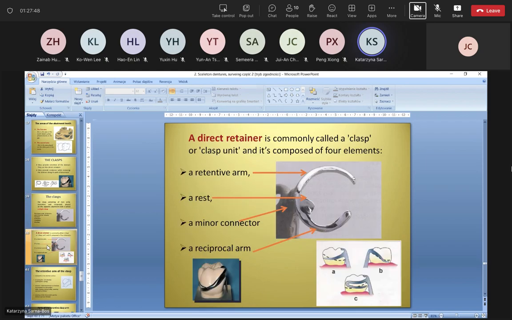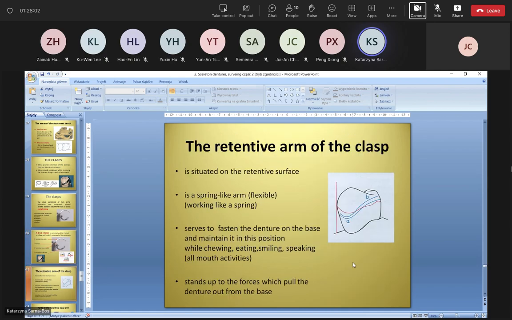Again, a direct retainer is commonly called a clasp or clasp unit, and it's composed of four elements: retentive arm, reciprocal arm, the rest, and minor connector, of course. The retentive arm of the clasp is situated on the retentive surface.